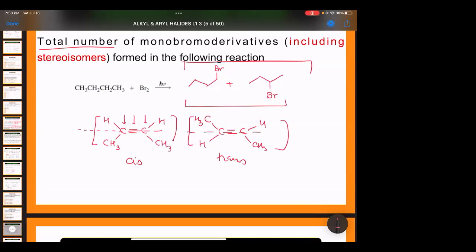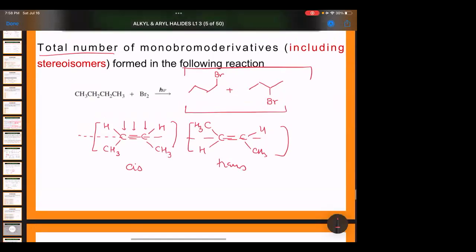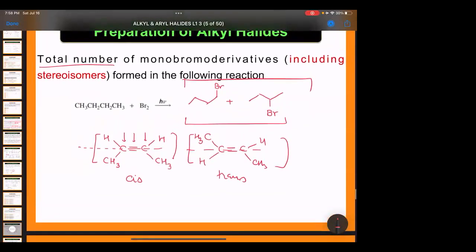But another type of stereoisomerism is optical isomerism. Optical isomerism we will look into in more detail next time. So what do you think can have a different 3D arrangement? Just any guess from your side?